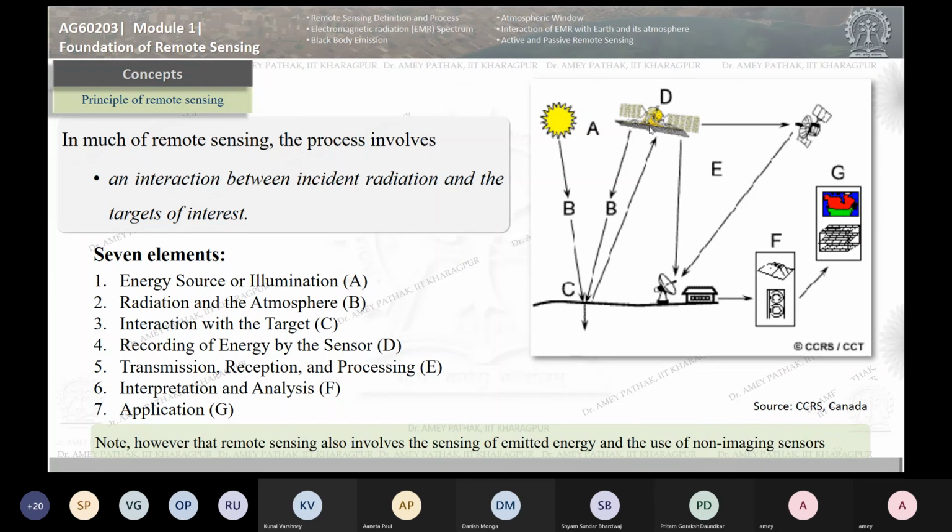That electric signal will be sent here, and then it will be interpreted and analyzed in order to make images. Once the interpretations are made, we can come to some conclusion, or we can run some model, a hydrological model or any other model which we normally use for our decision making.